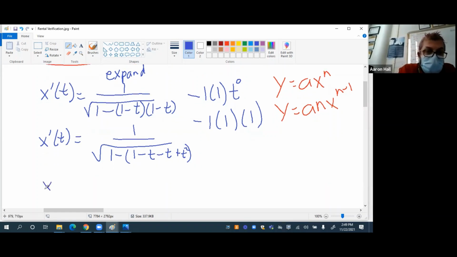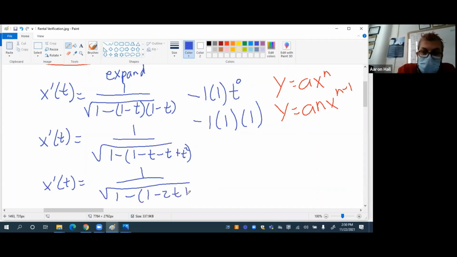So I have 1 over the square root of 1 minus, in parentheses, 1 minus 2t plus t squared. Now what? Any suggestions?